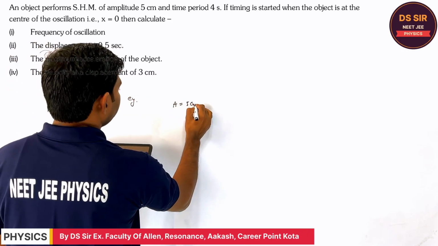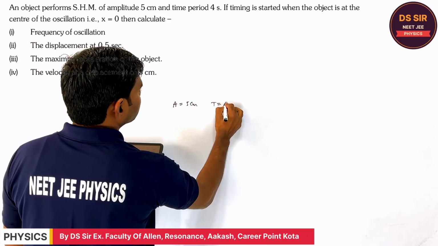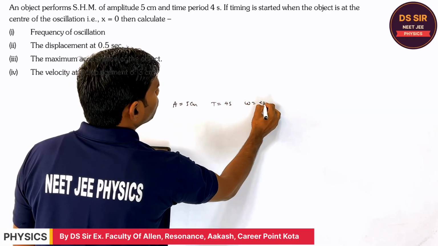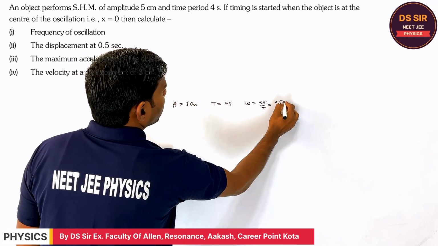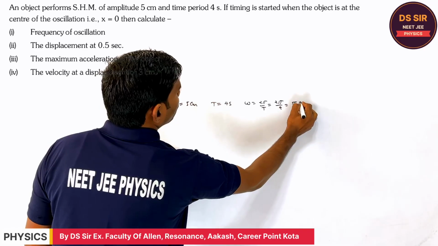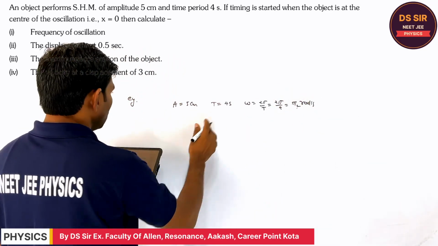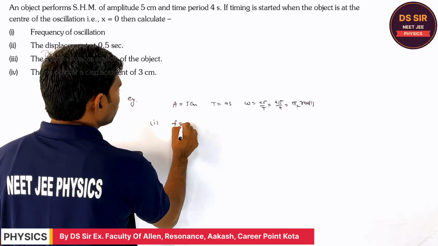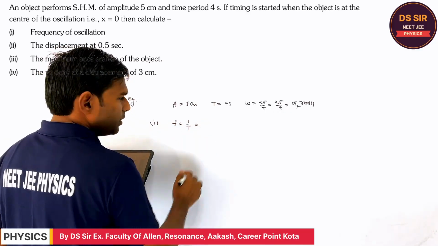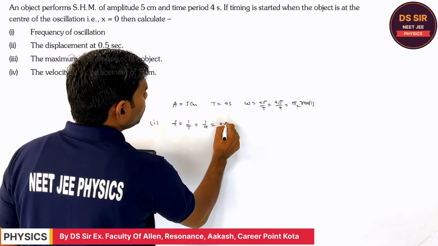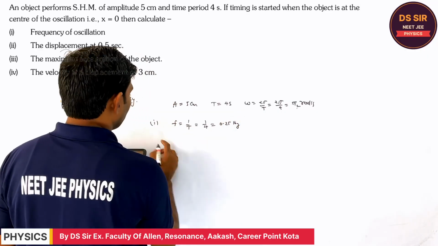The amplitude 5 centimeter, the time period is 4 seconds. Therefore omega is equal to 2 pi by T, 2 pi by 4 is equal to pi by 2 radian per second. It is given, right? In the first part they are asking the frequency, which is equal to 1 by T. So 1 by 4 is equal to 0.25 hertz is the frequency.